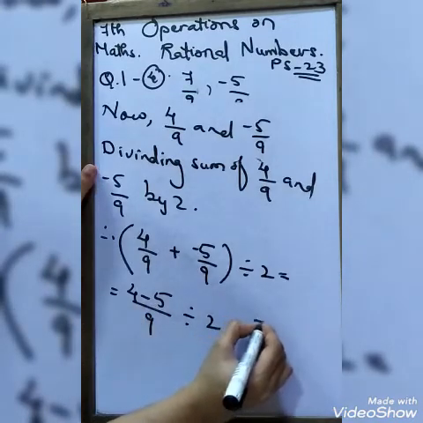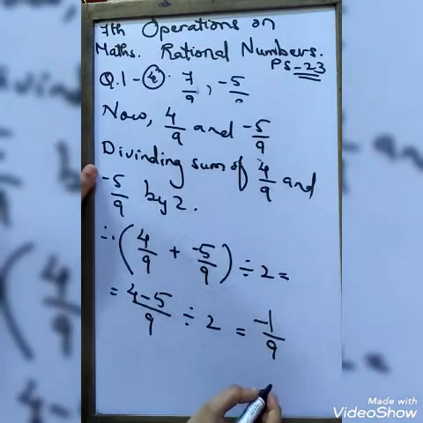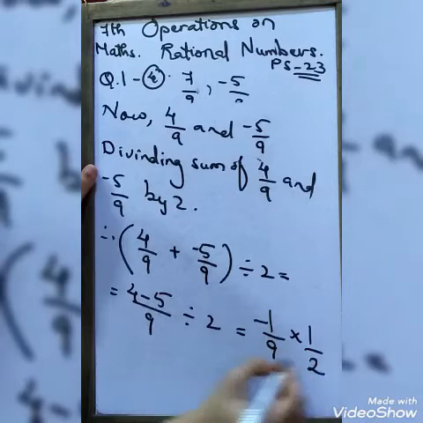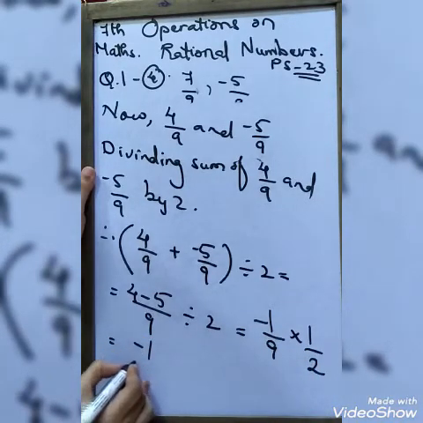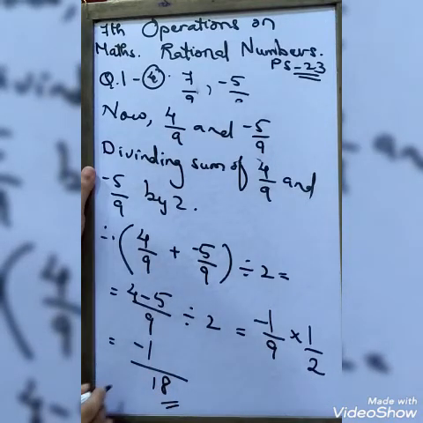So the answer will be minus 1 upon 9 into 1 upon 2, which is minus 1 upon, 9 2s are 18. So the answer is minus 1 upon 18.